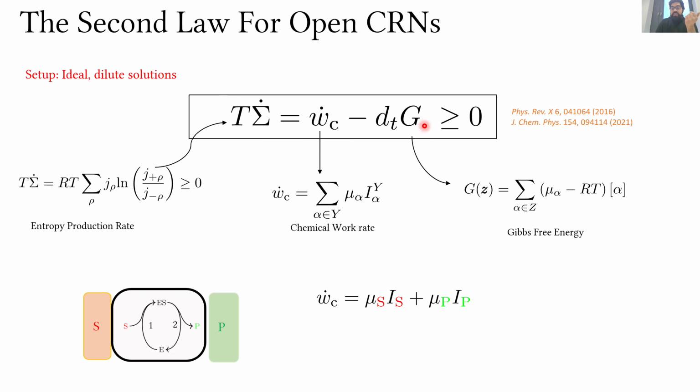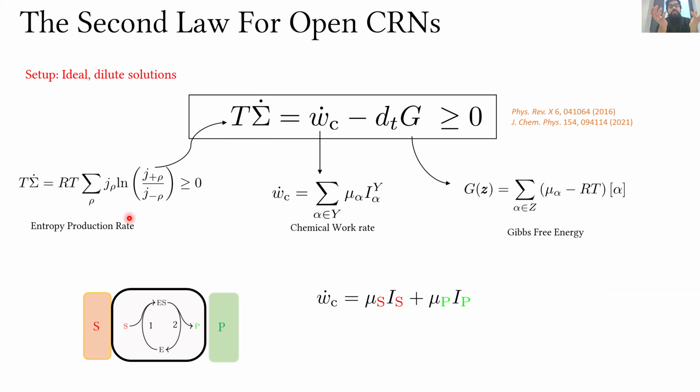G here is the Gibbs free energy, and it's the thermodynamic potential. You can write its rate of change as a sum of terms, where mu is the chemical potential of species alpha times the concentration change. The second term here is what is called the chemical work rate, and it measures the rate at which free energy is coming in due to the exchange with the reservoirs. The third term here is what we call the entropy production rate.